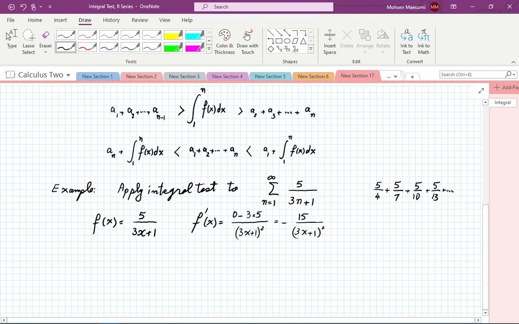It definitely exists for positive x's, and it is a negative quantity. So this is a decreasing function. So this tells me the f that I want to use, f is decreasing, and therefore I can compare this series to this integral, from 1 to infinity of 5 over 3x plus 1 dx.